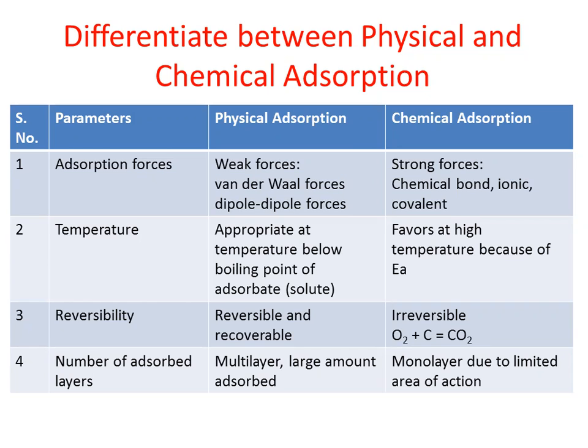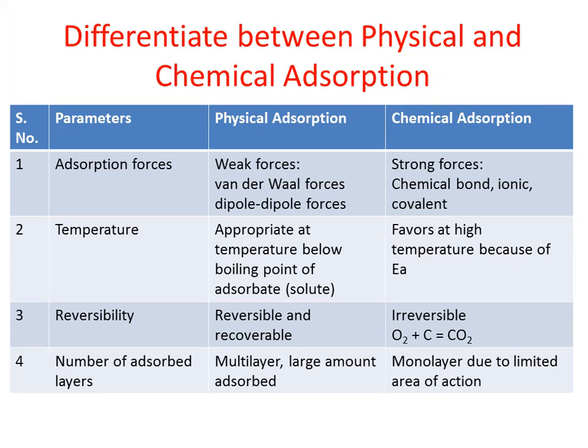So the first parameter is the absorption forces, and the differences are written over here. We have already discussed that due to the absorption forces, you can differentiate between physical and chemical absorption. In physical absorption, there are weak forces, and weak forces are van der Waals forces. There may be dipole forces, ion dipole forces, or hydrogen bonding.